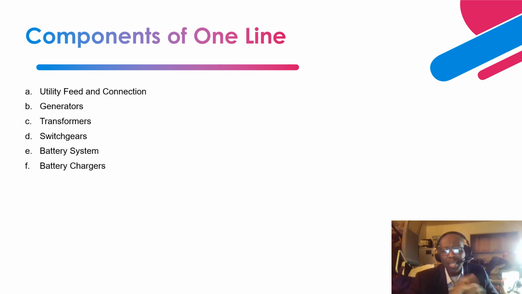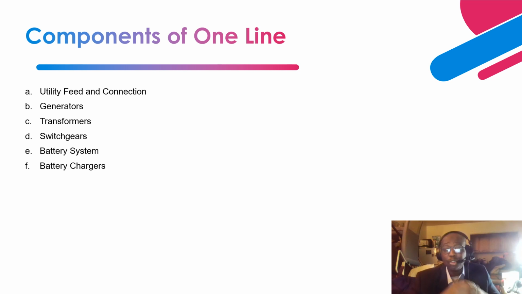Because there are many experienced engineers out there that don't know how to read one-line diagrams, and you'll be baffled by that. If you understand how to read one-line diagrams, it helps you develop your career.